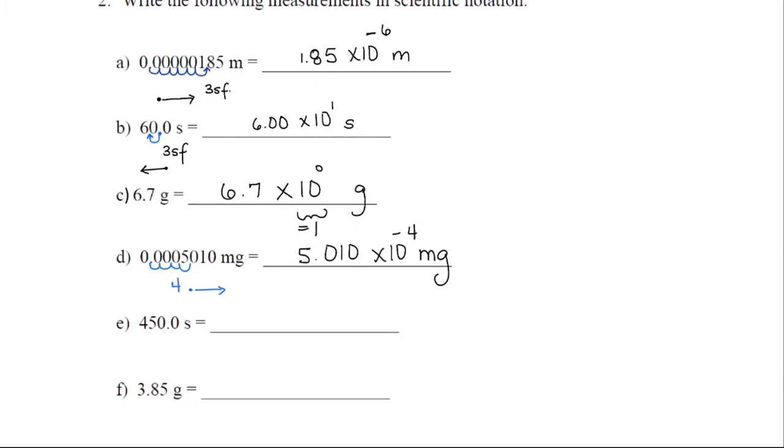Next one. We're going to move this 1, 2 times. So we moved it in this direction, 2 places. So this is 4.500 times 10 to the 2 seconds.